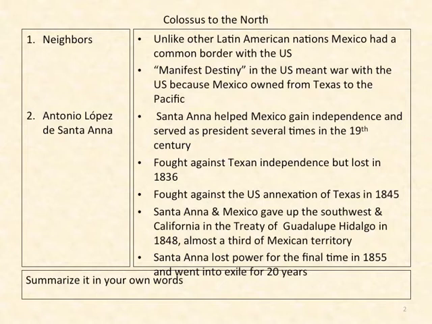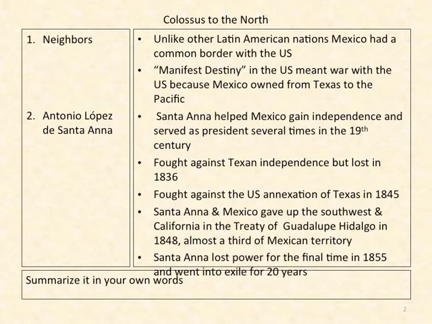All right, the first leader we need to talk about is Antonio Lopez de Santa Anna. And he helped Mexico gain independence and served as president several times during the 19th century. He fought against Texan independence but lost in 1836, fought against the U.S. annexation of Texas in 1845, and eventually Santa Anna and Mexico gave up the Southwest and California in the Treaty of Guadalupe Hidalgo, and that's in 1848.